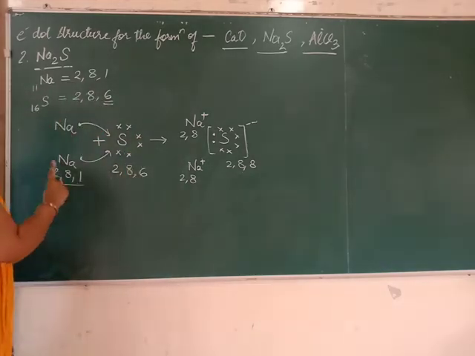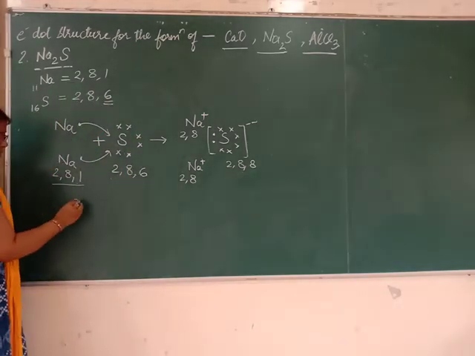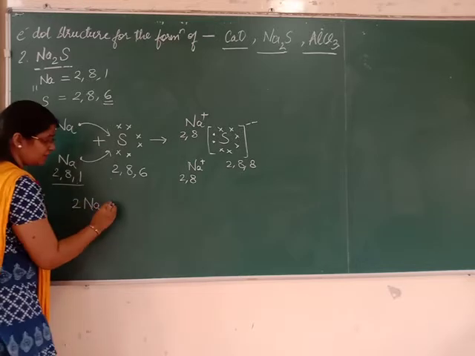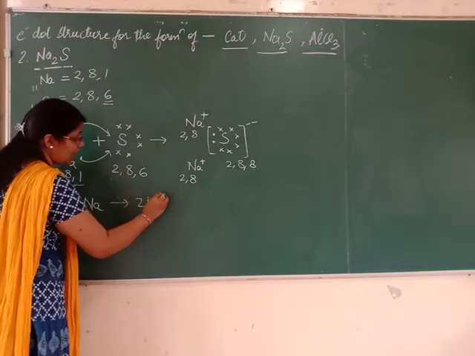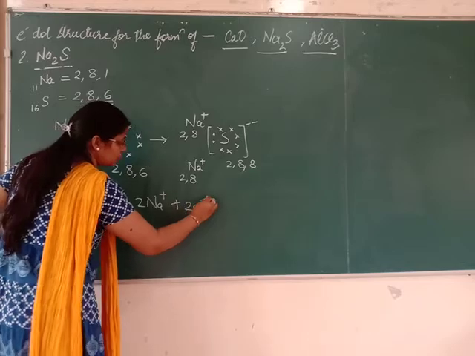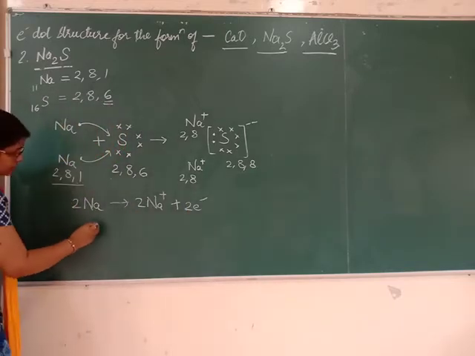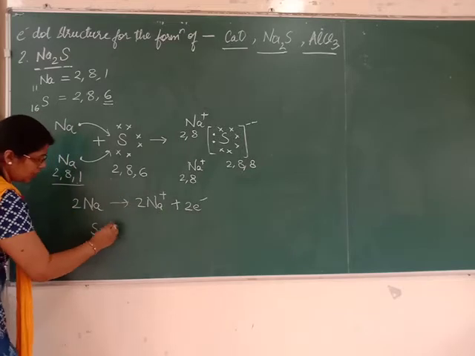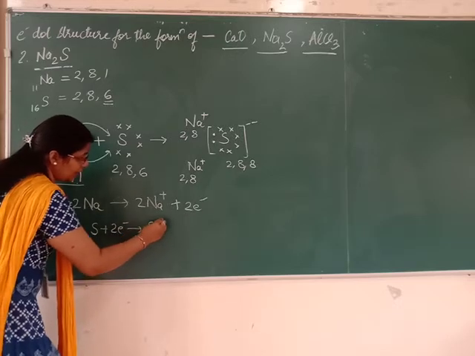Now children, in this reaction, 2 sodium atoms are participating, 2 Na. What happened with the 2 sodium atoms? They become 2 sodium ions because they lose 2 electrons. Then sulfur is accepting these 2 electrons and sulfur is becoming sulfide ion.